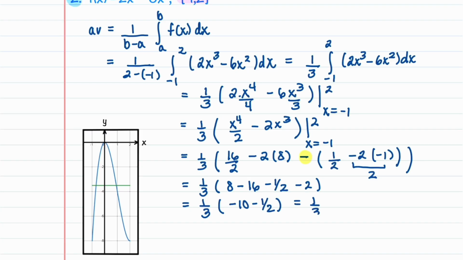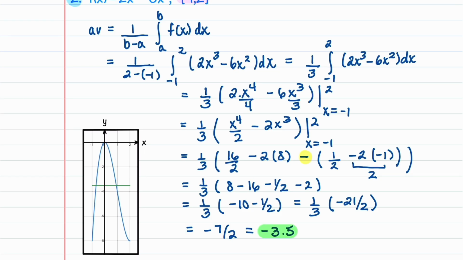This is 1/3. We get a common denominator of 2. We get a -21 over 2. So our final answer is -7/2. And that is equal to -3.5.